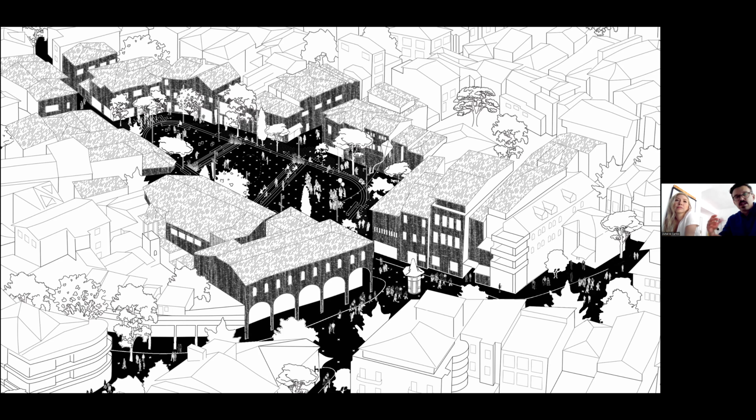So you can see how the mappings and the research that we are doing have an effect on the decisions that we are taking at an architectural scale or a closer scale of our projects.